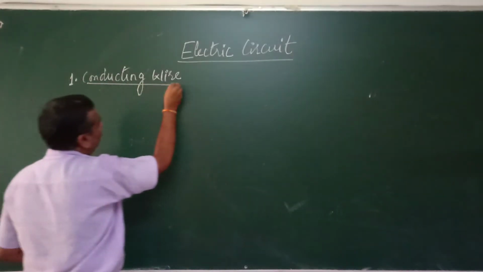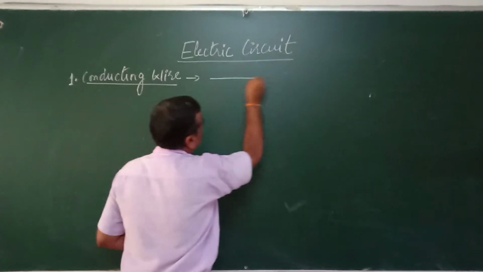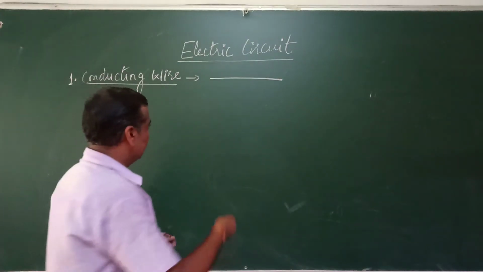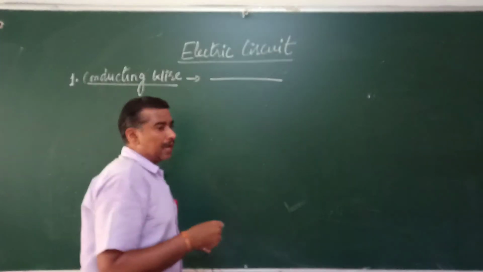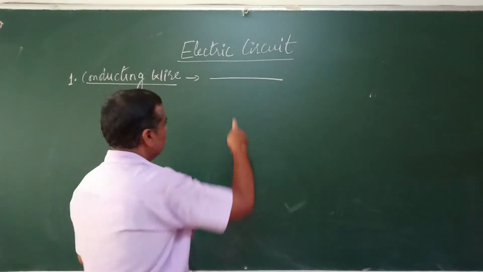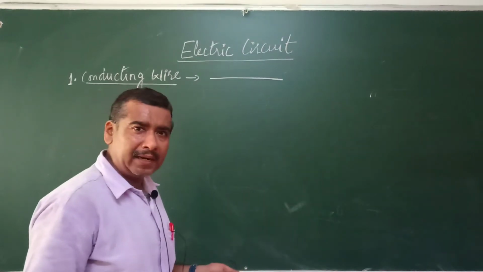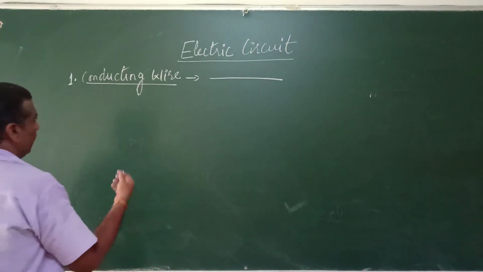How do we draw it? Straight lines, ठीक है, straight lines which are bold straight lines, right. They show the conducting wires. They can be horizontal, vertical, slanted. All these are the conducting wires, right.